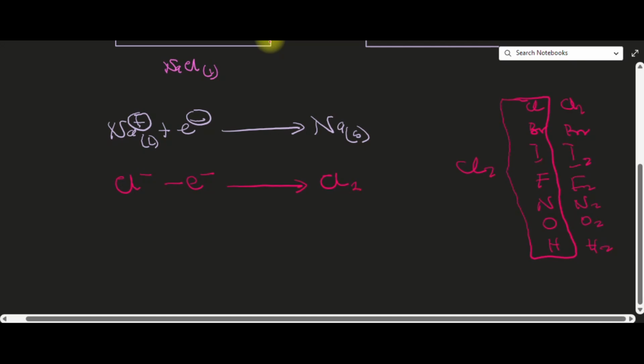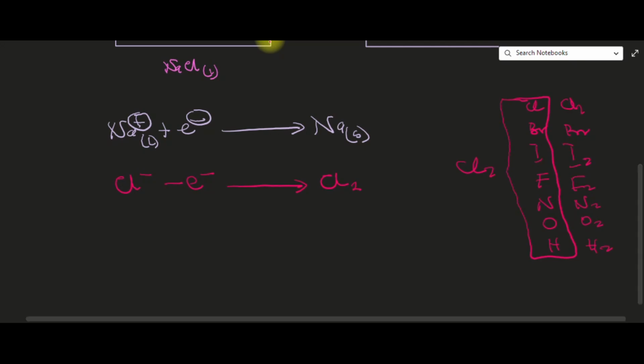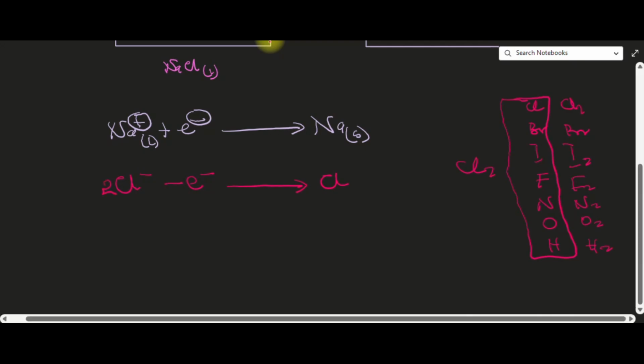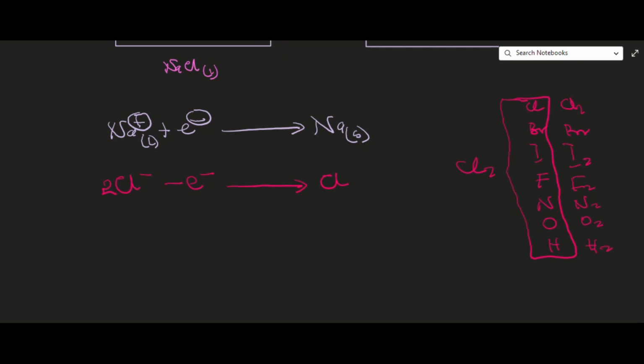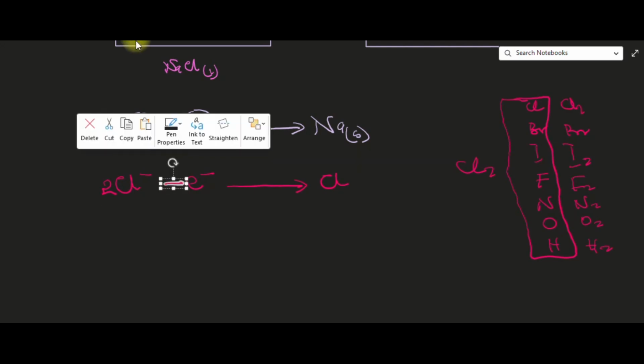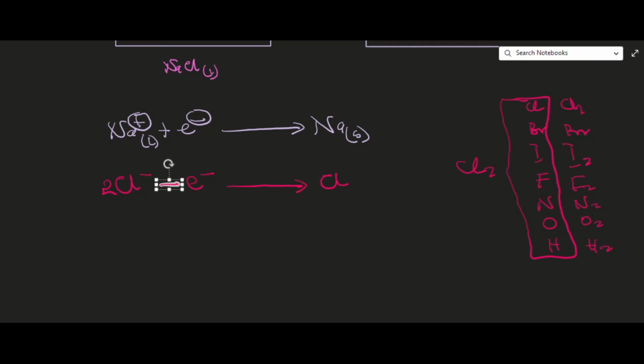So if there is Cl2, I will remove this 2 first. What we have here is like 1 chloride ion releases 1 electron to give us 1 chlorine atom. If it becomes 2 chloride ions, see where I put 2 for the chloride, I put it at the front, 2 chloride ions. It means there will be 2 electrons released.